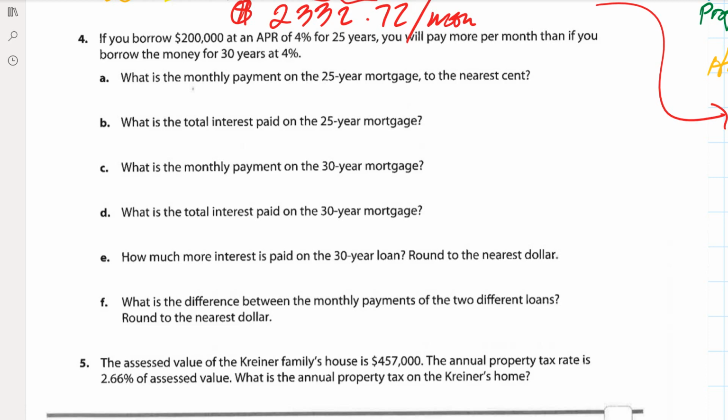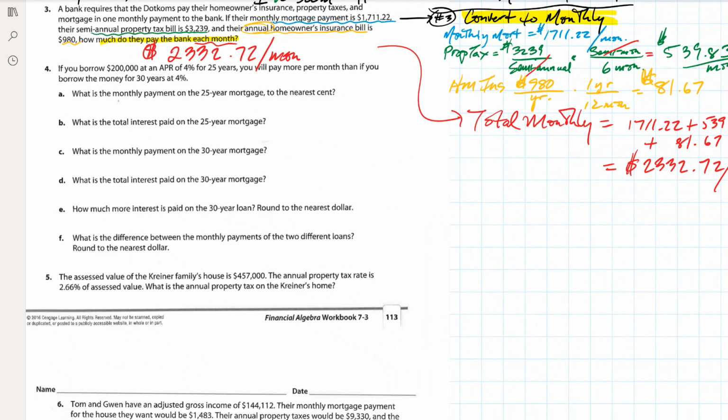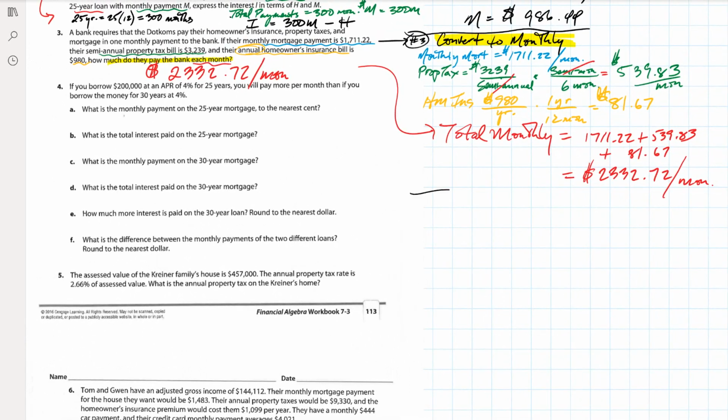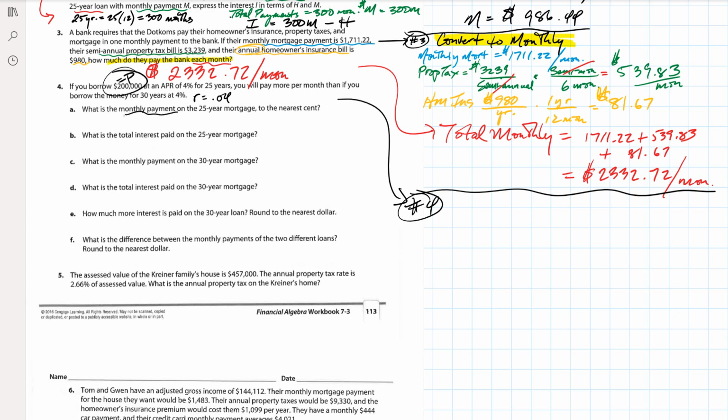So number 4. All right. So what is the monthly payment on it? Okay, so here we go again. The principal is $200,000. R is 0.04.